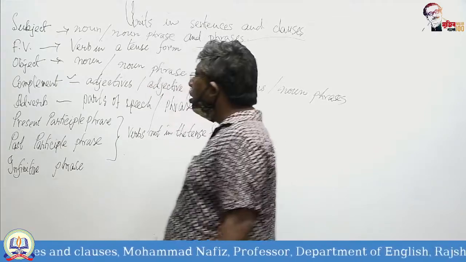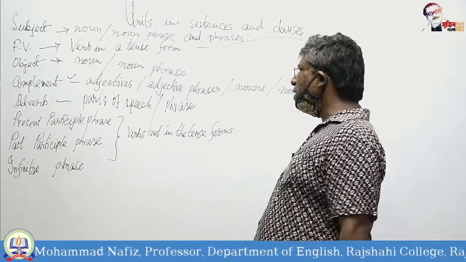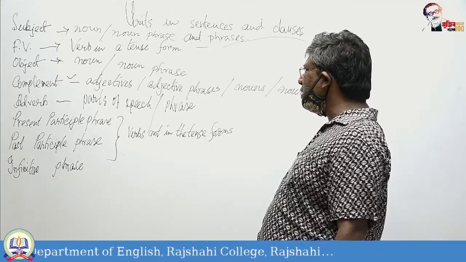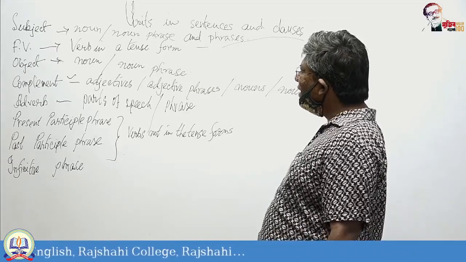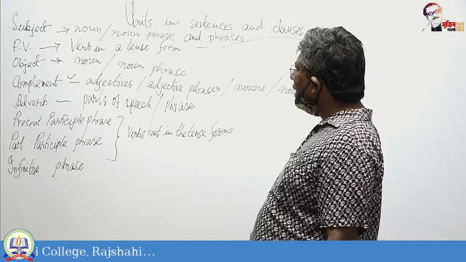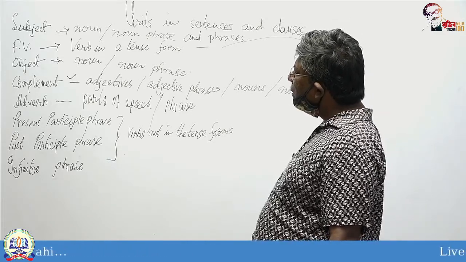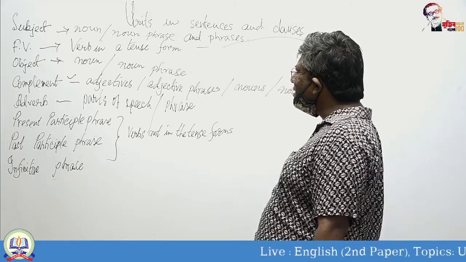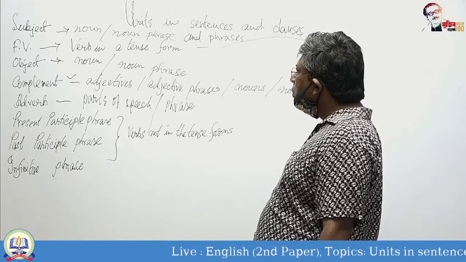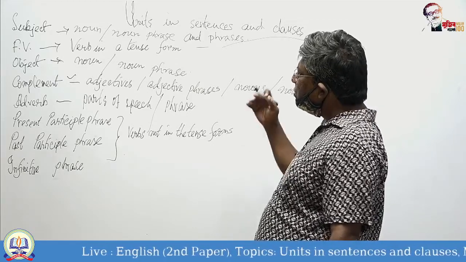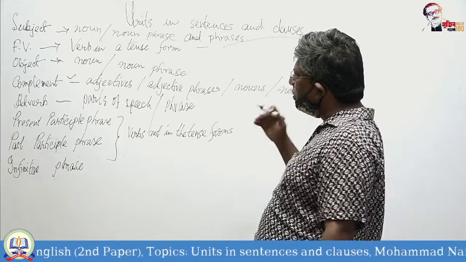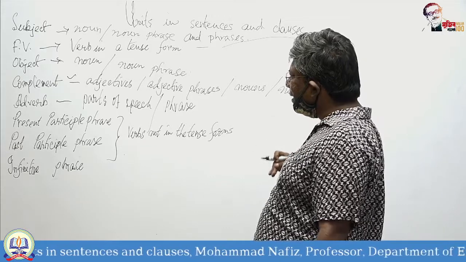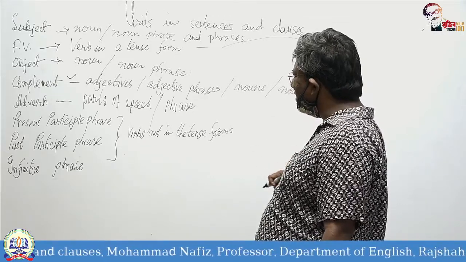So, I have shown here how different parts of speech are used in the units in the sentences. Noun is used in the subject, object and complements in the sentence. Adjective makes the complement in the sentence.